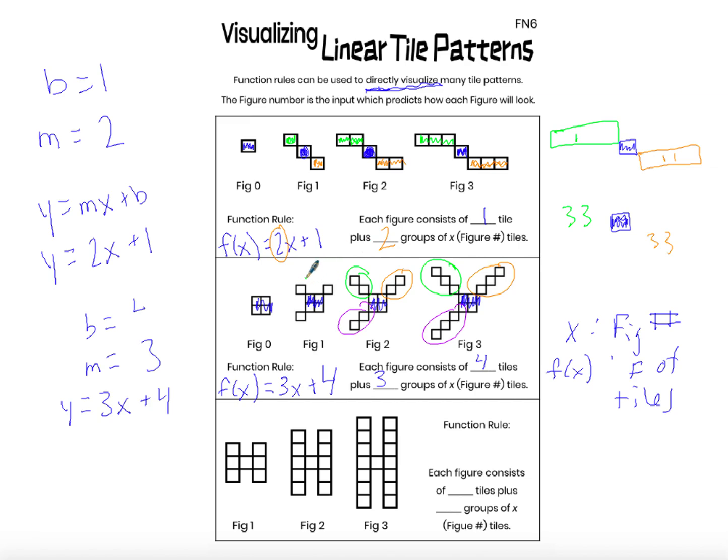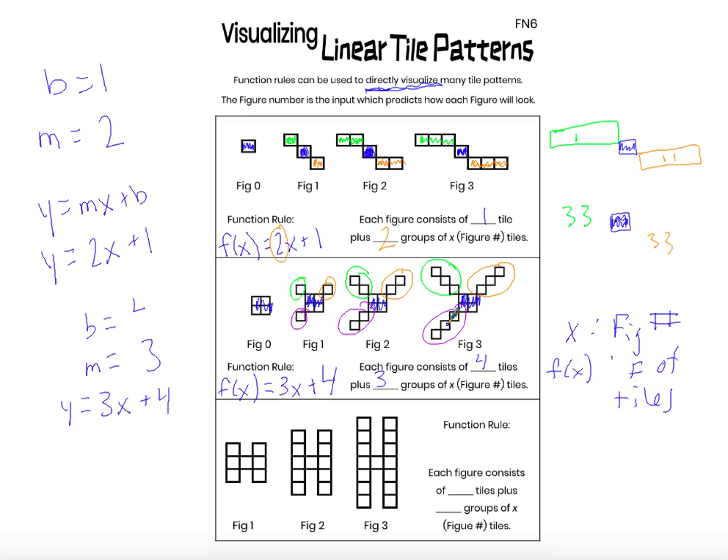Oh, and it works for figure 1 as well. 1, 2, 3. 3 groups of 1. So that means I have 4 tiles in the center, that block of 4, plus 3 groups of x tiles. So 3 groups of 1, 3 groups of 2, and 3 groups of 3.